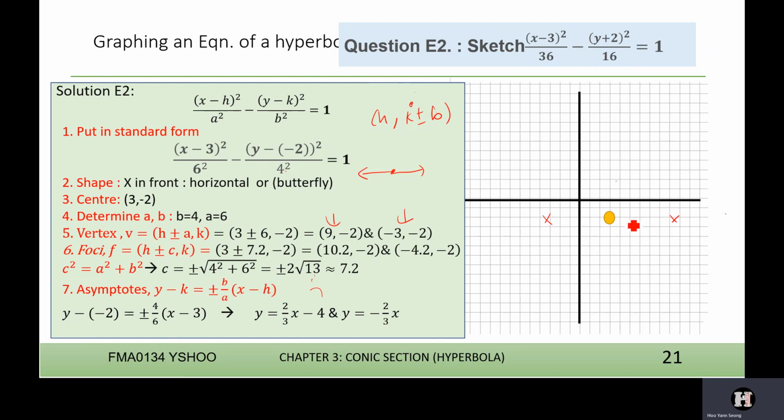But when you want to make the box, maybe you can know it's around here, because this is the border of your rectangle.